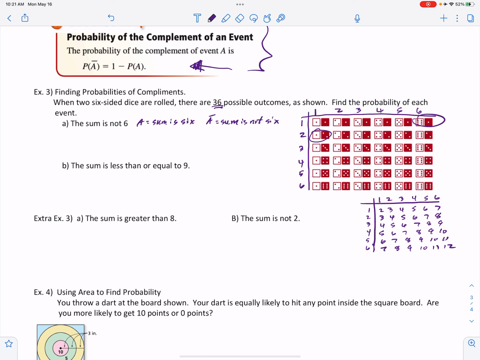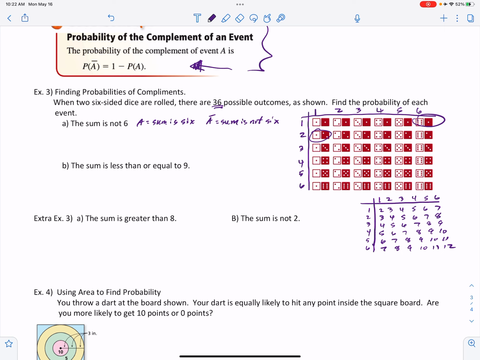And using the complement is kind of nice when it is composed of a lot of other types of events. Not getting a 6 is 2, 3, 4, 5, 7, 8, 9, 10, 11, or 12. That's the sum is not 6. There's a lot of different things we have to look at. However, if I use the complement and get the probability of the sum is 6 and subtract it from 1, that's going to be a little bit easier.